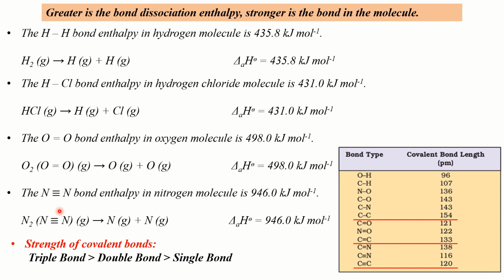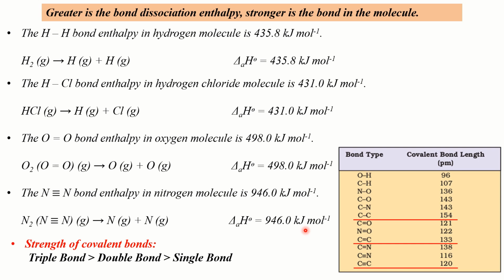The energy required to break the double bond between the two oxygen atoms in 1 mole of oxygen molecules is 498 kilojoules, whereas the energy required to break the triple bond between the two nitrogen atoms in 1 mole of nitrogen molecules is 946 kilojoules per mole.